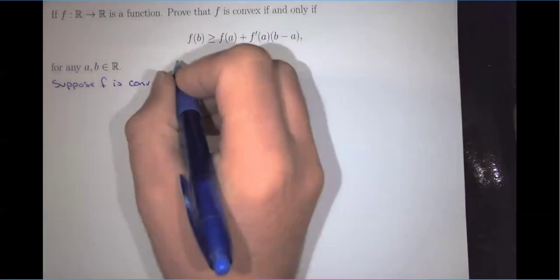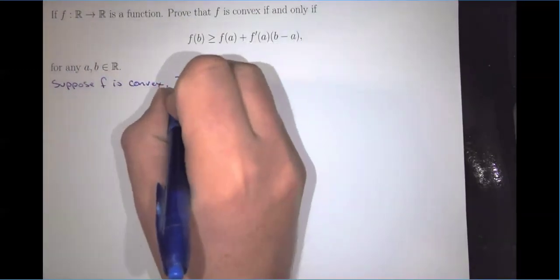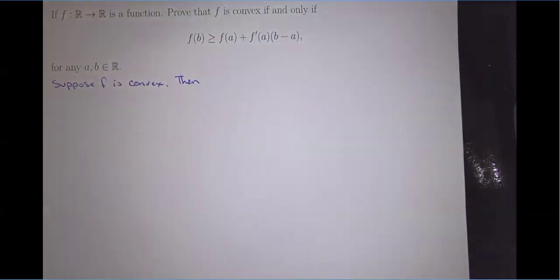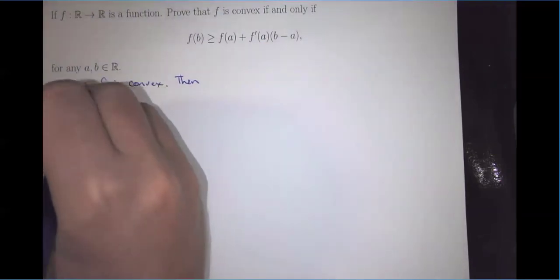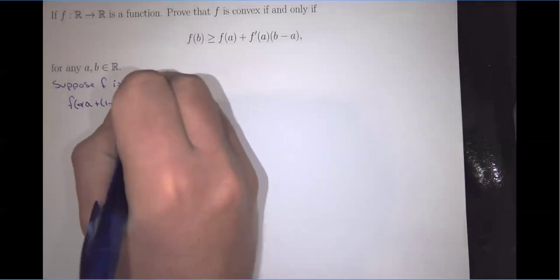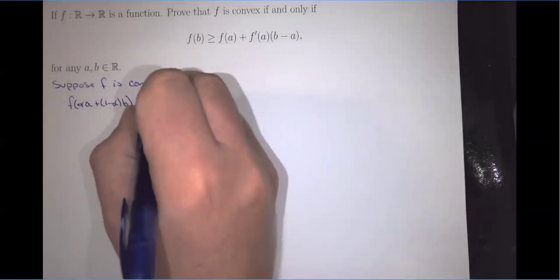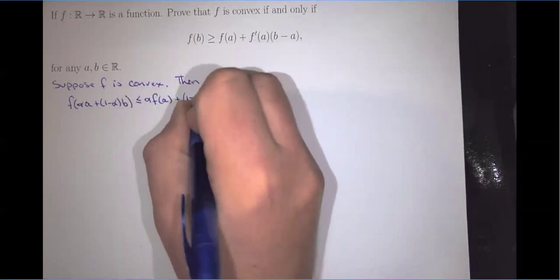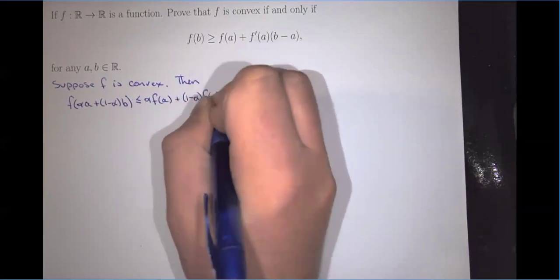If f is convex, then f of alpha a plus 1 minus alpha b is less than or equal to alpha f of a plus 1 minus alpha f of b.